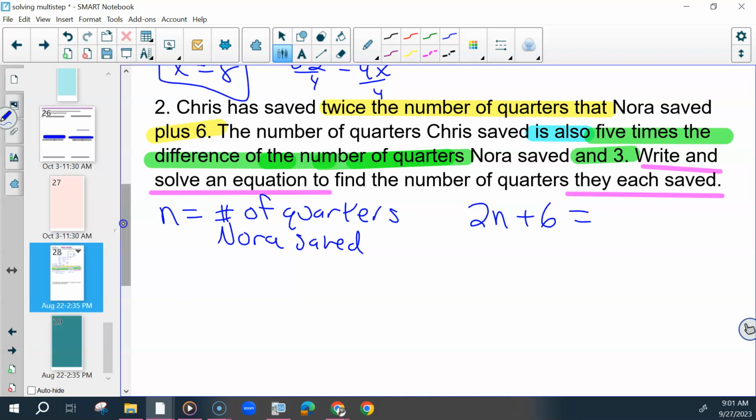And then 5 times the difference of the number of quarters Nora saved and 3. How would we write that part? What do we think? 5 times the difference of the number of quarters Nora saved and 3.